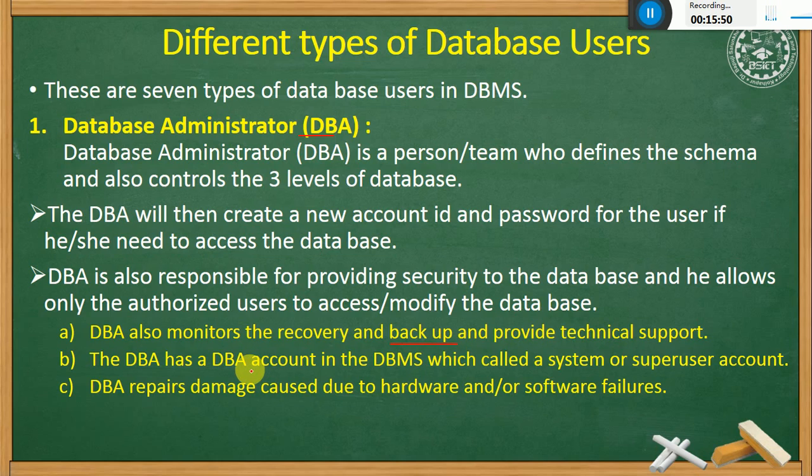A DBA account is a super user of your database. A DBA has the authority to repair the damaged part of your database, like hardware or software. So the database administrator is a super user of your database.